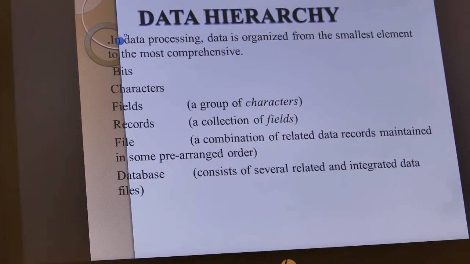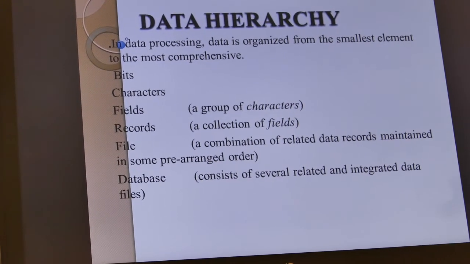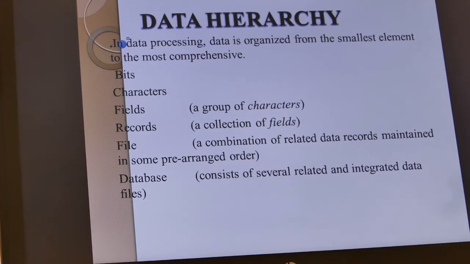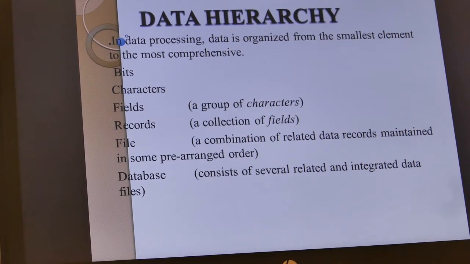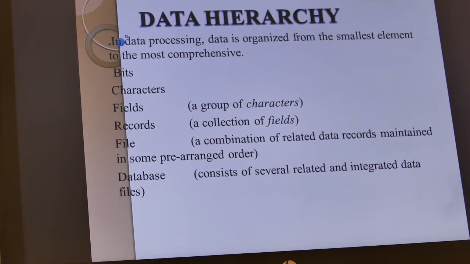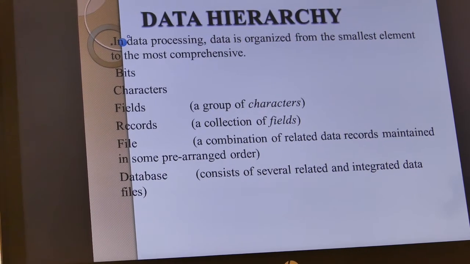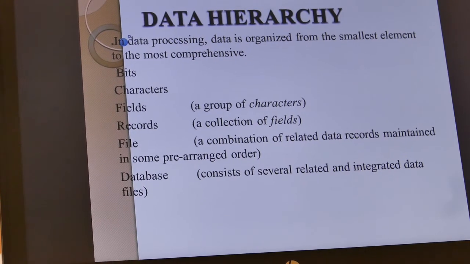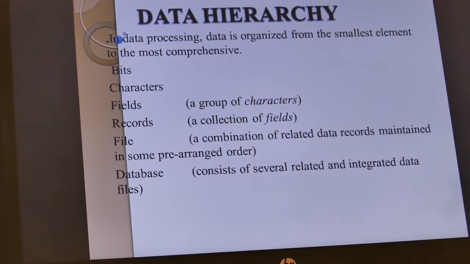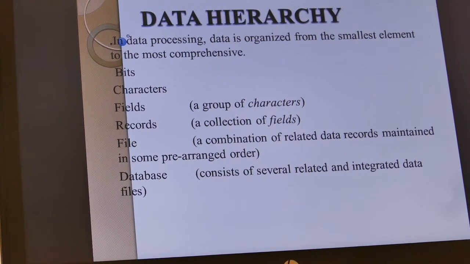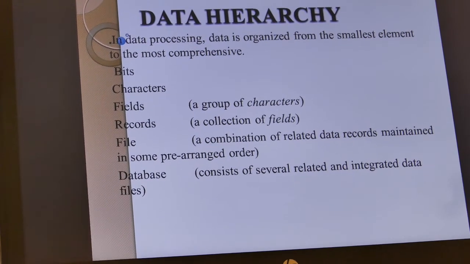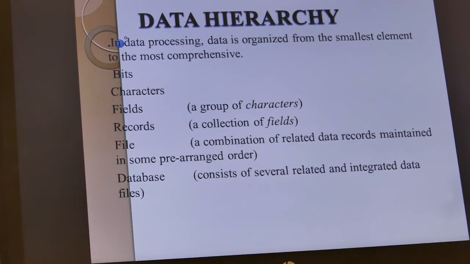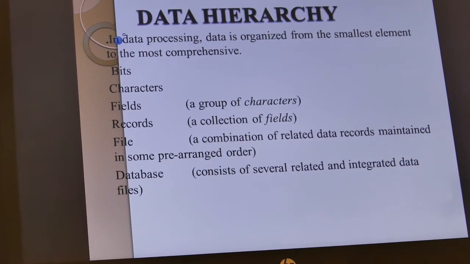Then after that, we can look at the hierarchy of data. Data is organized from the smallest element to the most comprehensive one. It begins with bits, which are the smallest, and stand for binary digits. After that, we have characters. Characters are formed by a combination of bits.